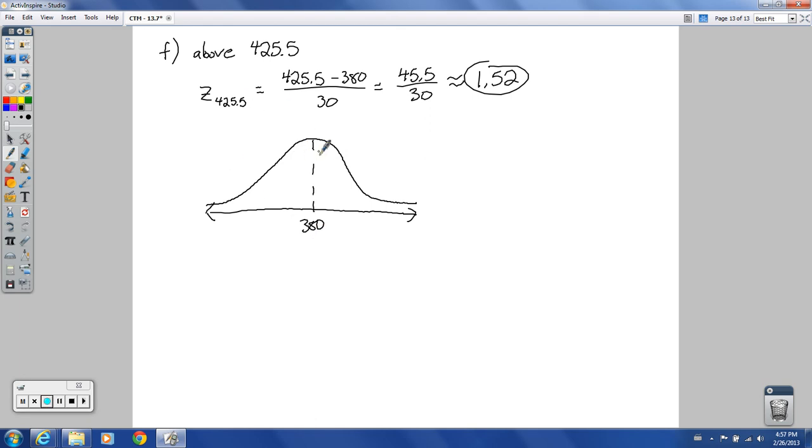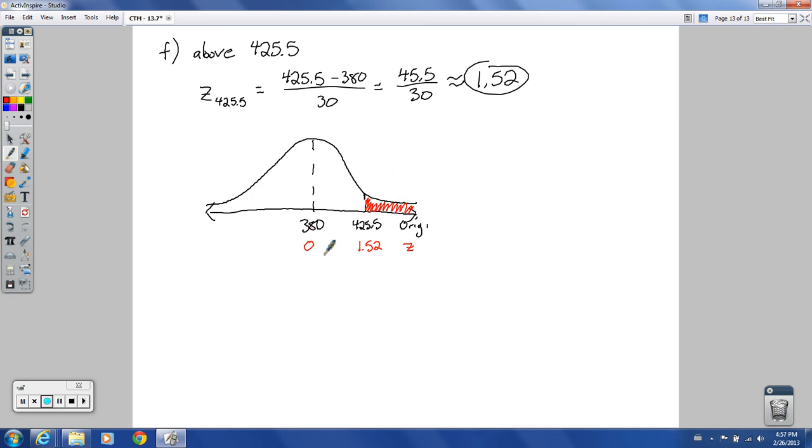And then 425.5, here's about 1 standard deviation, so about half more of that, say is right about there. 425.5. These are my original scores translated to z-scores, 0 and 1.52. What we're trying to find is everything above this. So we're trying to find now, shade this part in. We're trying to find everything here and above.